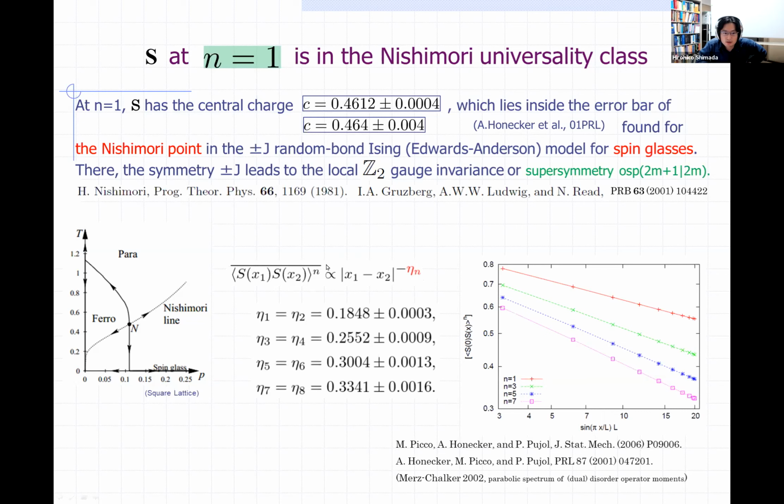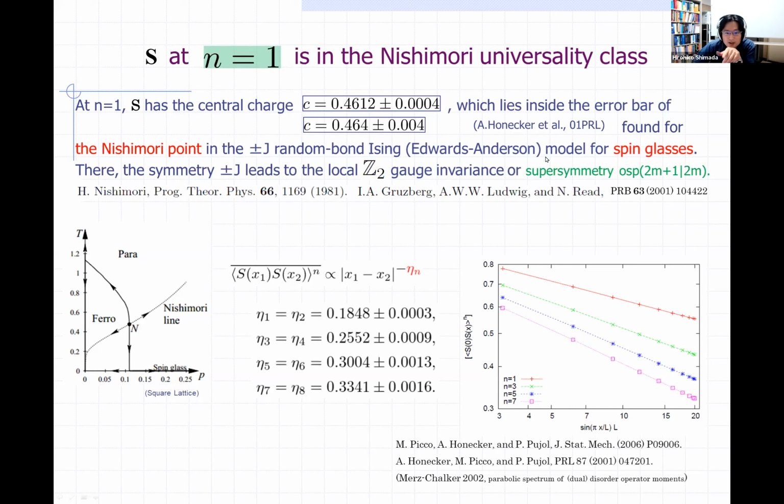Along the Nishimori line, this exponent appears two by two. So actually, eta 1 is equal to eta 2, and eta 3 is equal to eta 4. And they measure this critical exponent. Of course, we don't know the derivations for this spectrum.